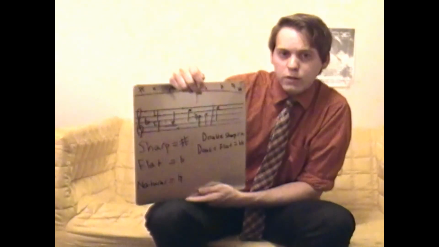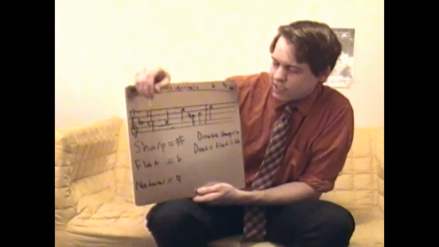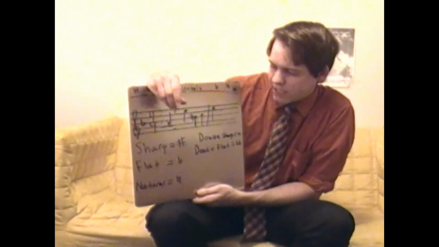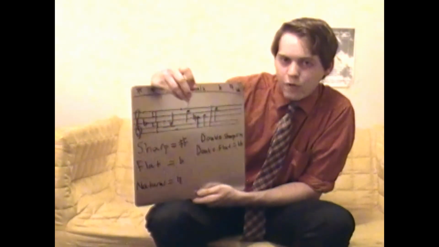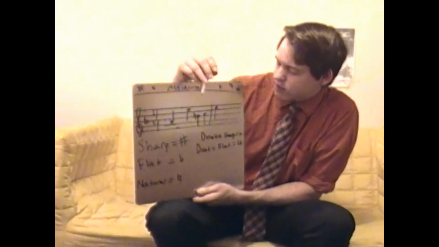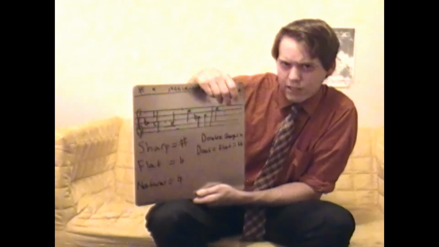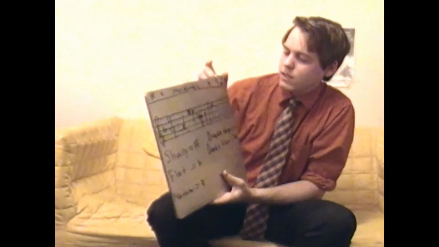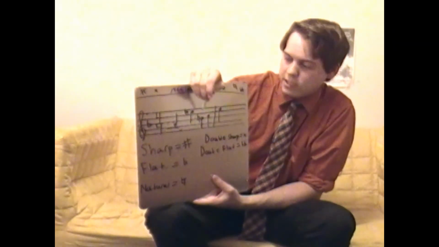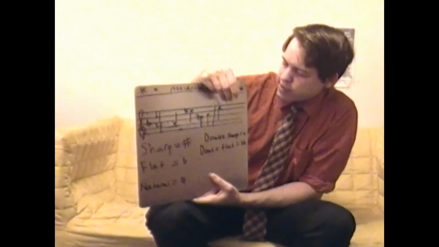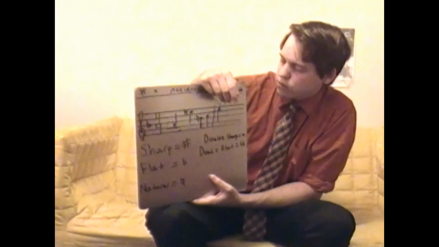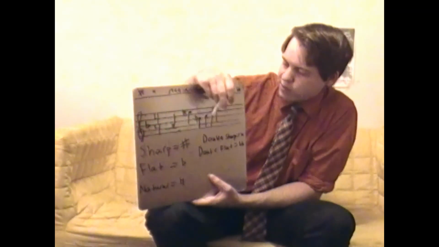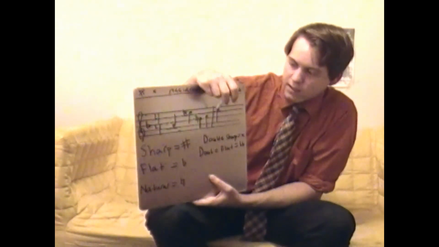Something to look out for with accidentals is, unless it's in the key signature, the accidentals only carry over for that measure. A measure is divided between these bar lines. So if we had an E sharp, for example, this E right here would be an E natural because the E sharp is separated by this measure.